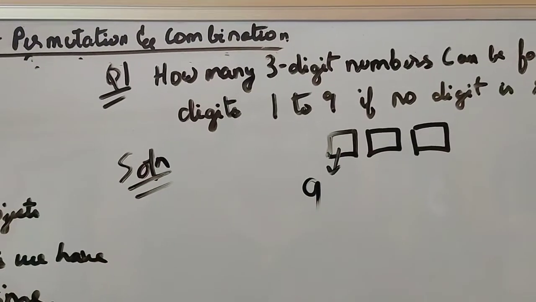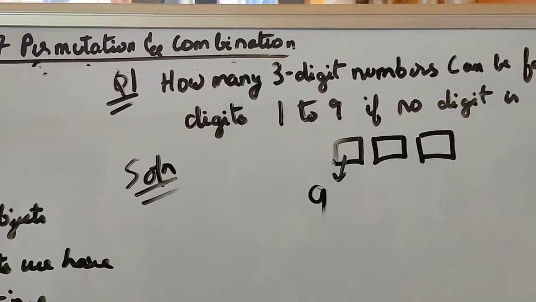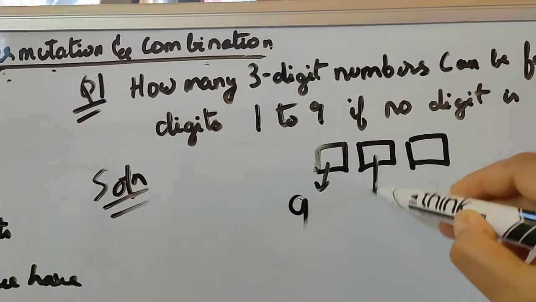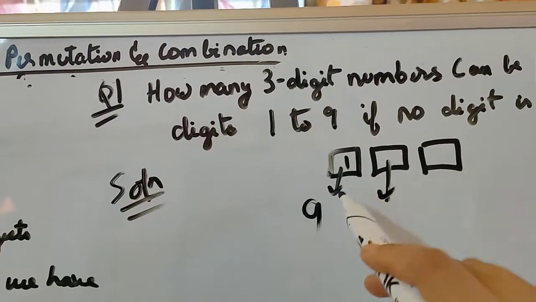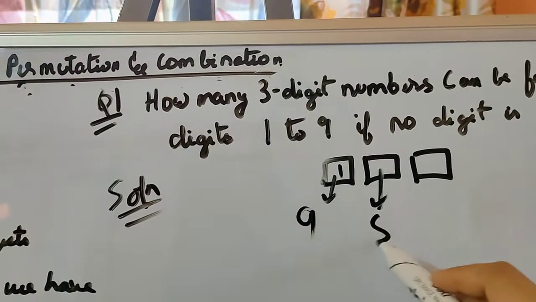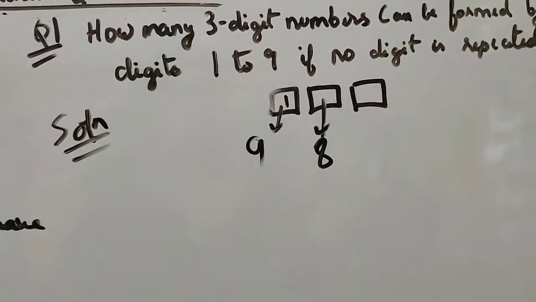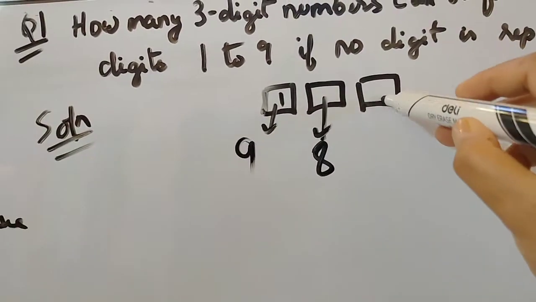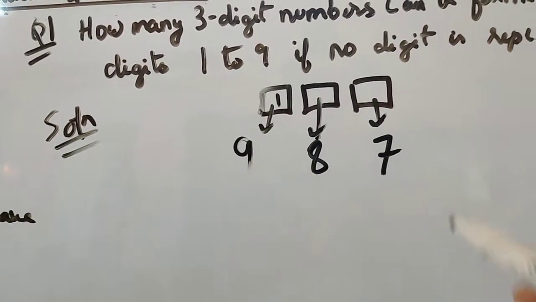If I have taken 1 here, I will be left with 8 options, and similarly for the third place I will be left with 7 numbers.